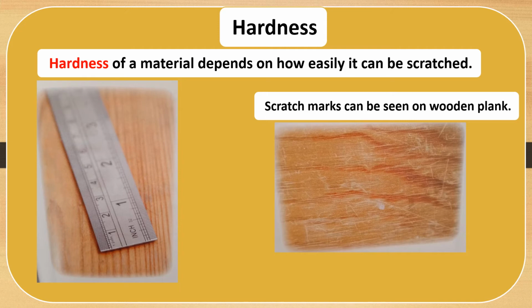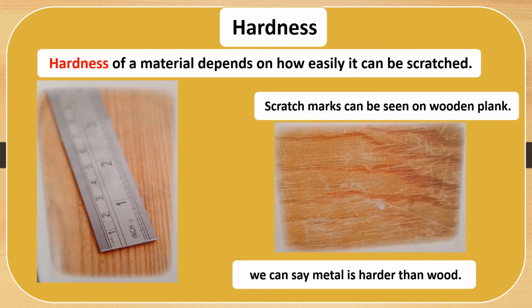Okay, students. Now we end up by saying that metal is harder than wood. Metal is harder than wood because once a metal is used to scratch the wood, it will create scratch marks.